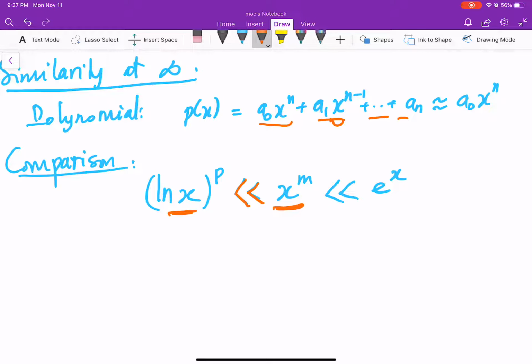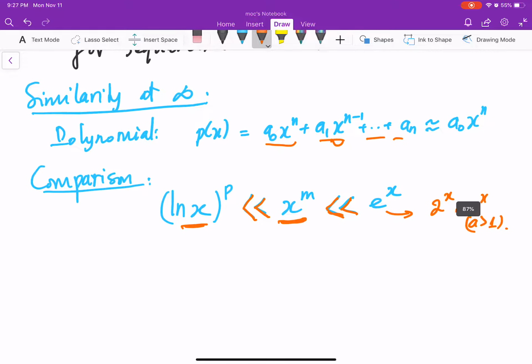And at the same time, any polynomial x to the m is very small with respect to the exponential function. Instead of e, you can consider something like 2 to the x or a to the x where a is greater than 1. Any exponential function approaches infinity faster than any polynomial.